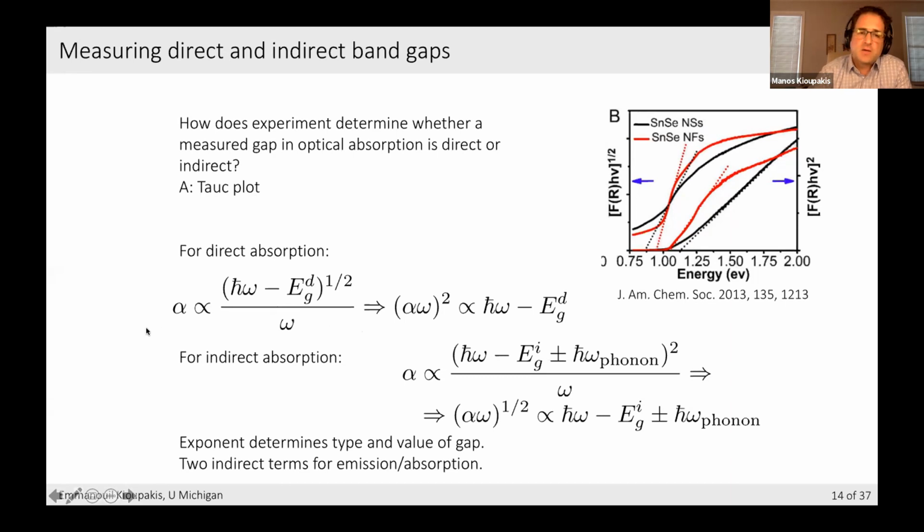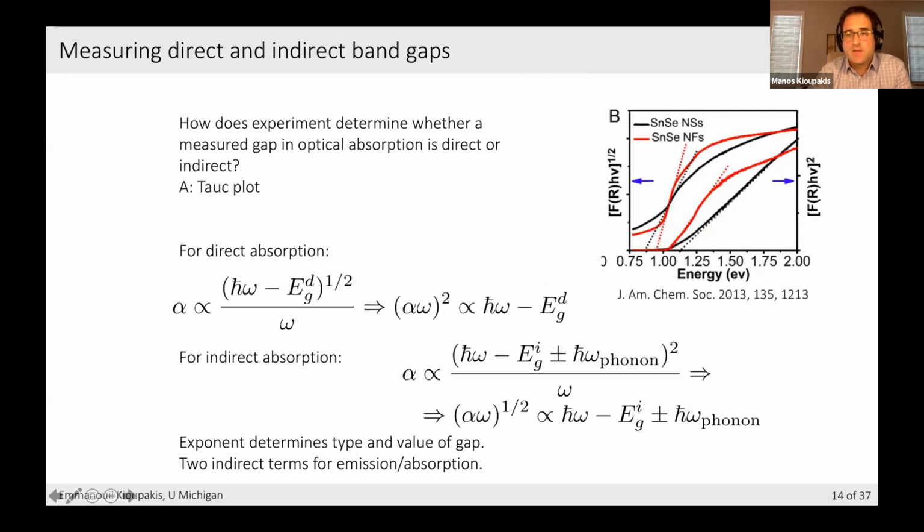We know from analytical equations that the absorption coefficient for direct absorption depends on the density of states with respect to the direct gap. So it increases with the square root of the photon energy minus the gap and divided by omega. So if we take omega and move it to the left-hand side and take the square of the whole thing, we should find a straight line with respect to the direct band gap.